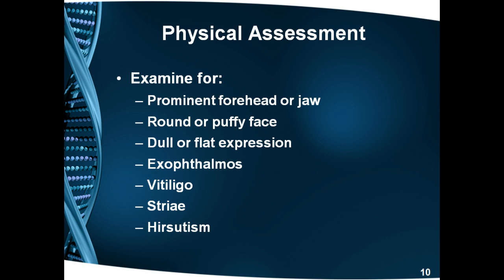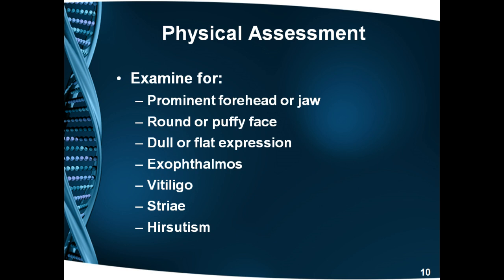For instance, you want to assess them for a prominent forehead or jaw. The reason why is because there are certain physical appearances that go with certain types of endocrine dysfunctions and endocrine problems. So as a result, when you're assessing them physically, you're going to assess them for these types of conditions.